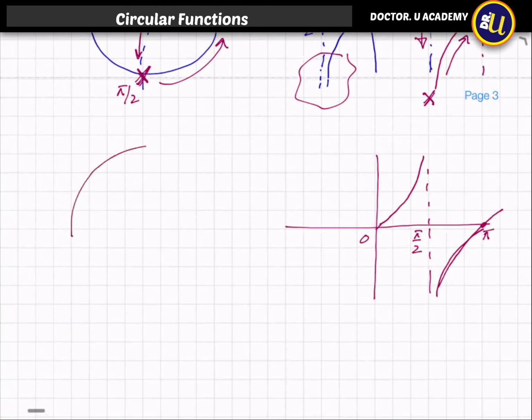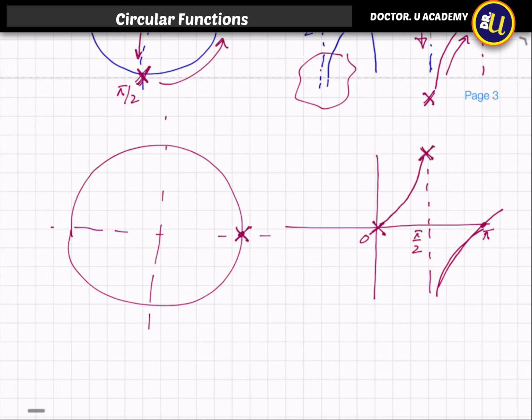Now when you represent that in a circle, starting from here, so this is your starting point, you go to this point, that point is here, so the x value would be pi divided by 2, the y value would be infinity, so that means this height would be infinity.